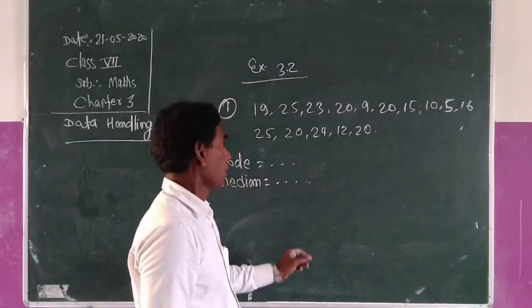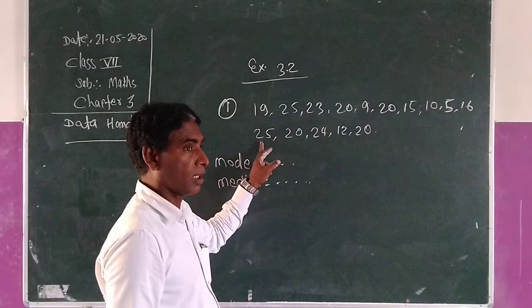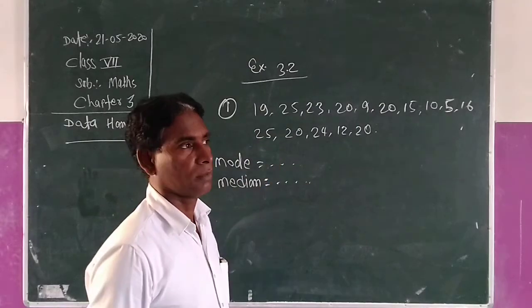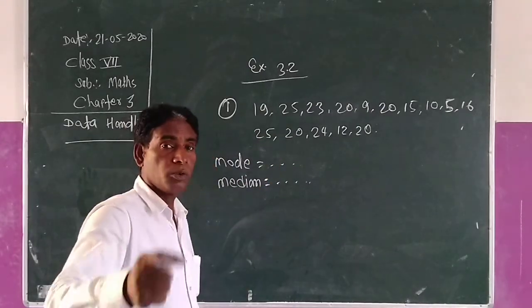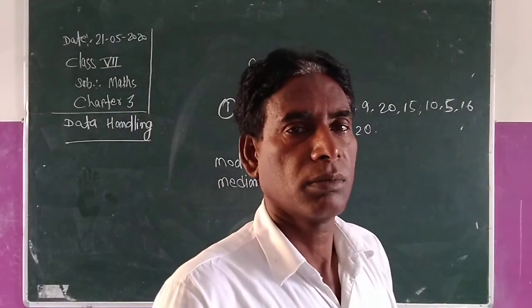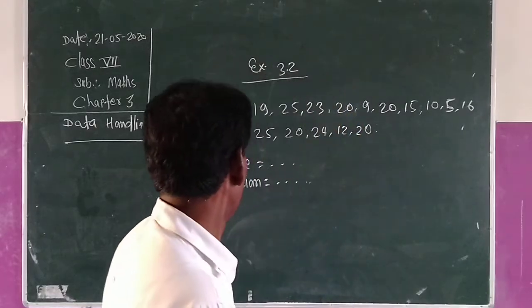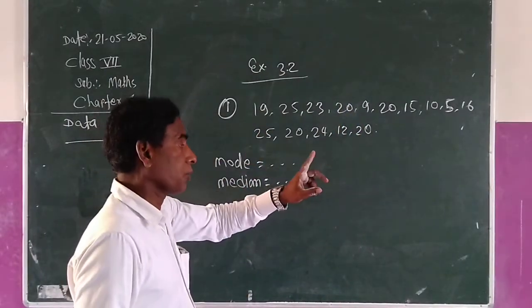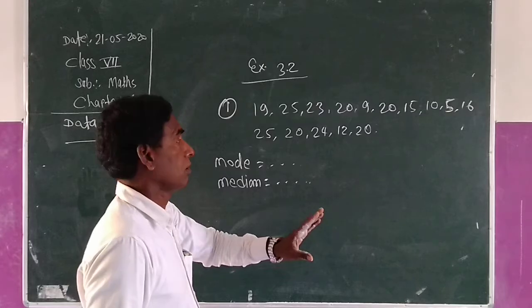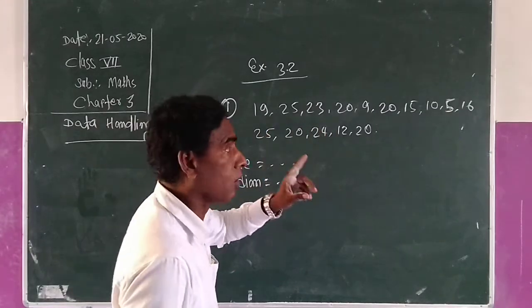So we discuss the first question deeply. When you understand the first question, you will do questions 1 to 4 by yourself. First of all, you will arrange the given observations in ascending or descending order.